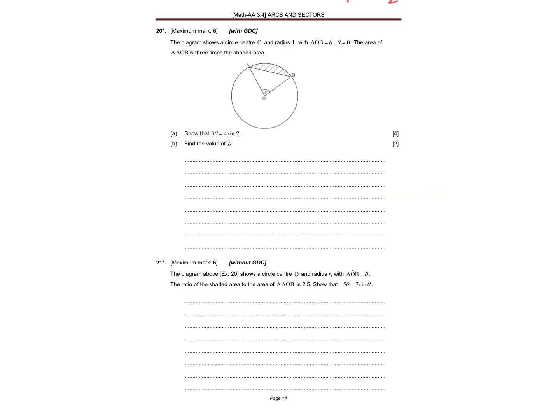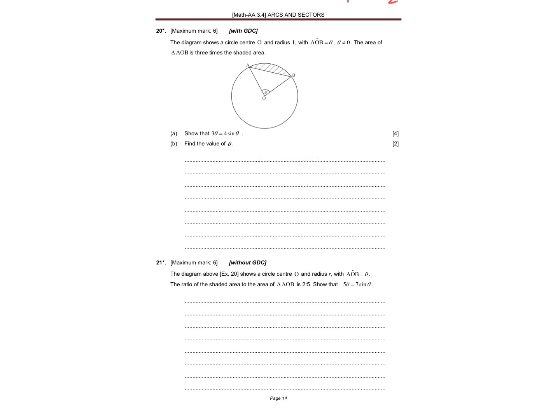Okay, so here the diagram shows circle with radius 1. The area of triangle AOB is 3 times the shaded area. So we have the area of triangle AOB is 1/2 r squared, which is 1, sine theta. Okay?